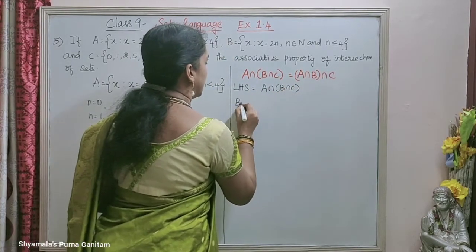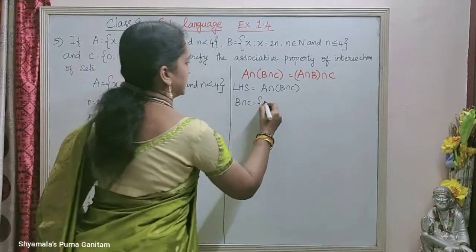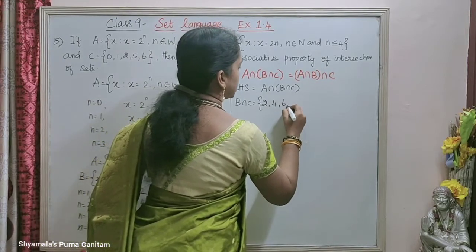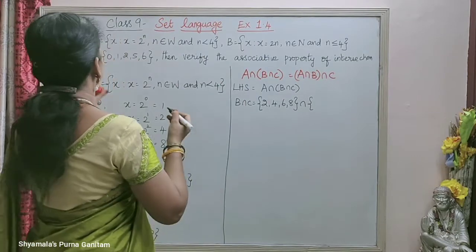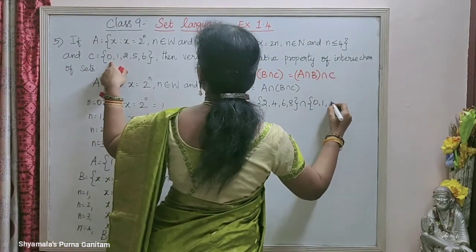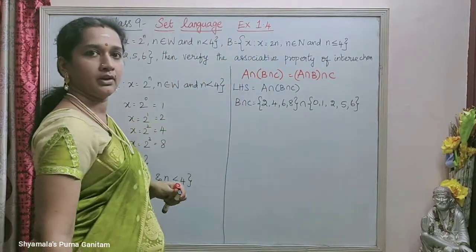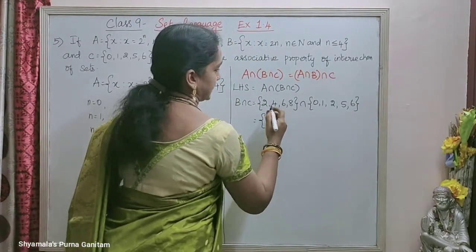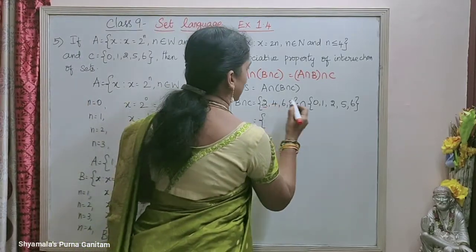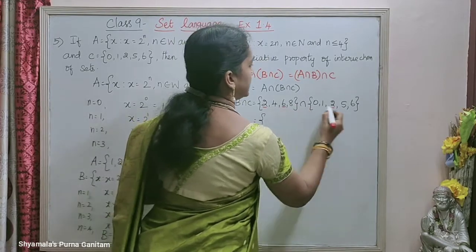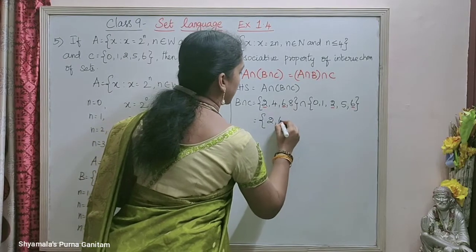First we will find B intersection C. So B is {2, 4, 6, 8}, intersection set C is {0, 1, 2, 5, 6}. So B intersection C is the common elements between these two sets. The common elements are 2 and 6. So B intersection C is {2, 6}.